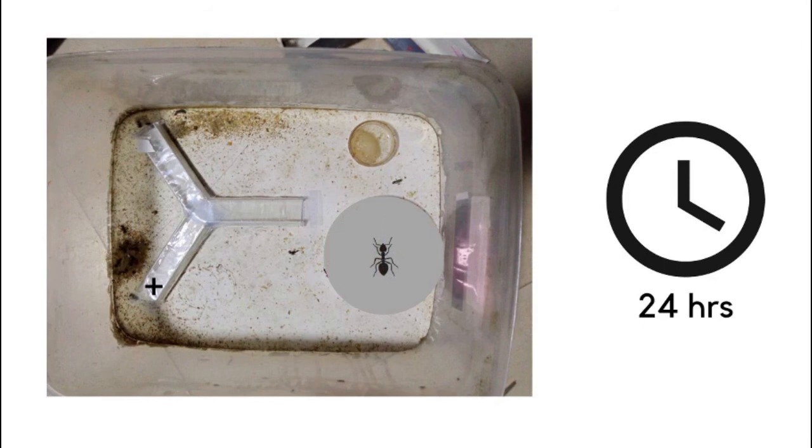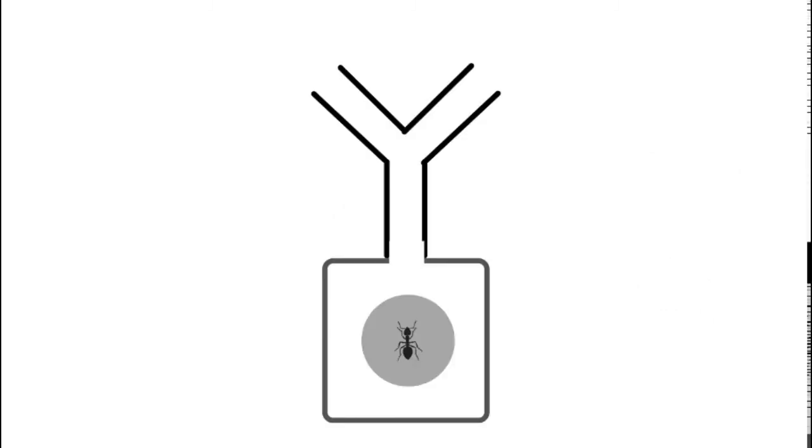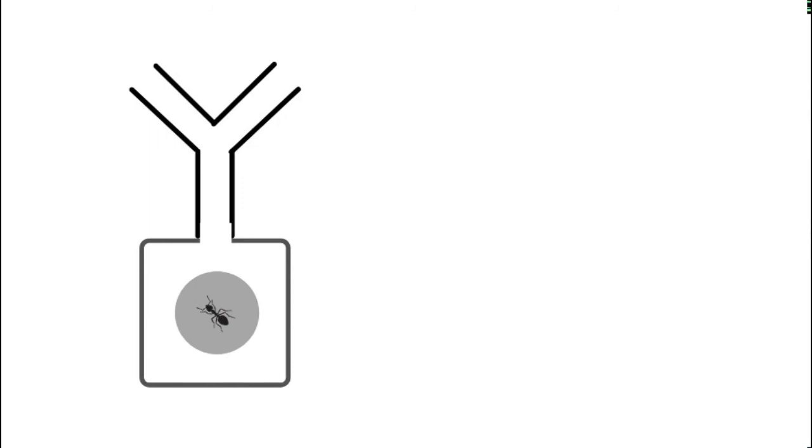So we just took the entire ant colony out, into the box where the testing is supposed to be done, and then I recorded whatever they chose, if they chose to go towards the left direction or the right direction, and I noted down my observations.